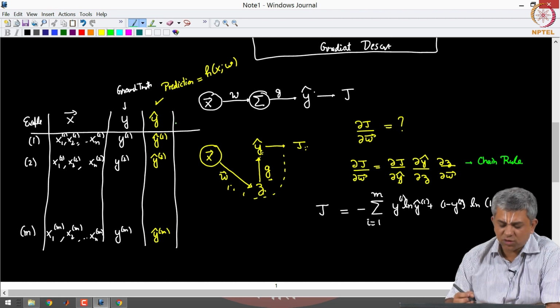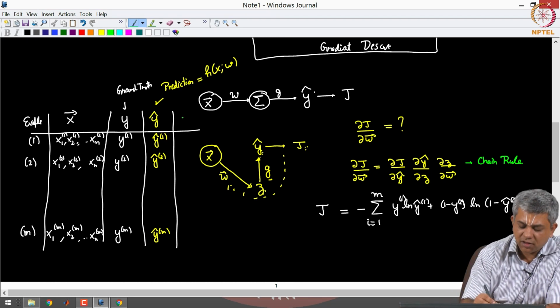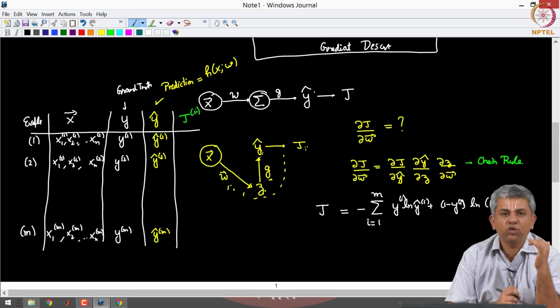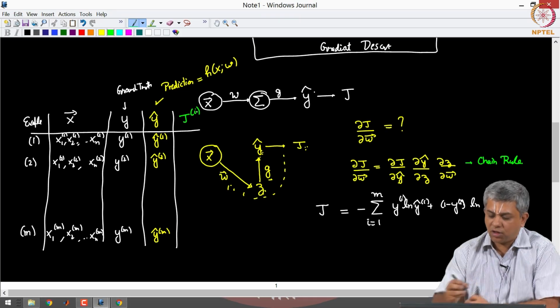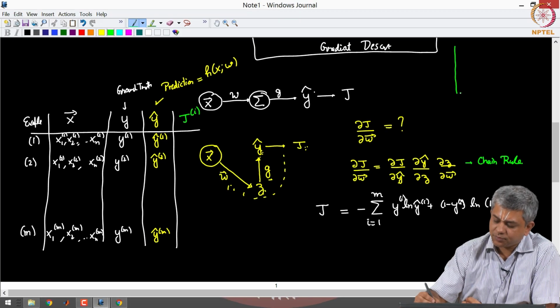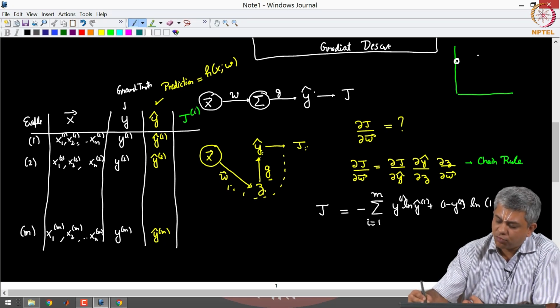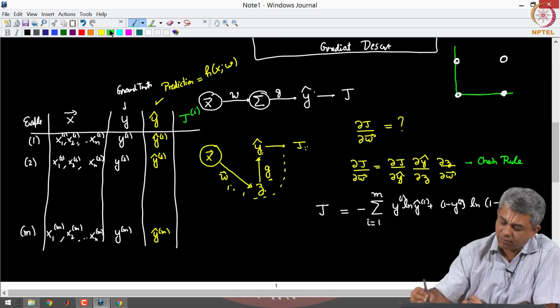Finally, I am going to introduce something new just for clarity. I can have j^i. What is that? This is the loss just due to the ith example. Okay. So, going back here, suppose you had 4 points, okay, and let us say this value was 1.